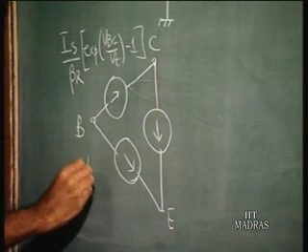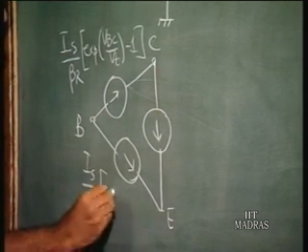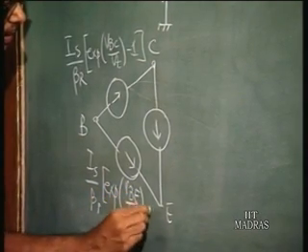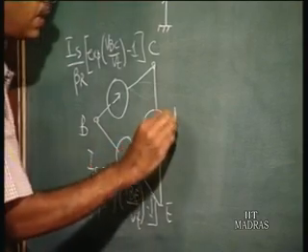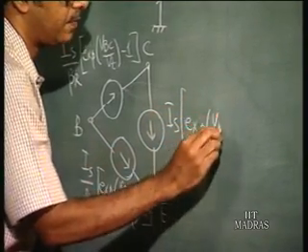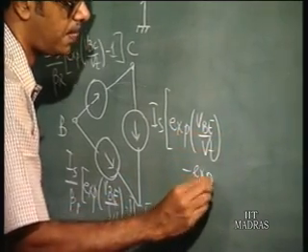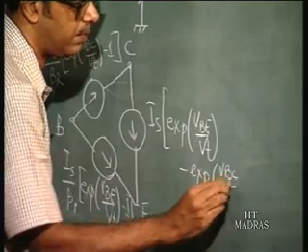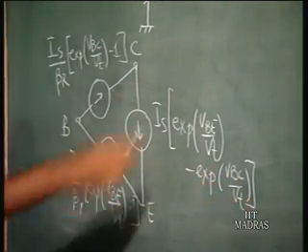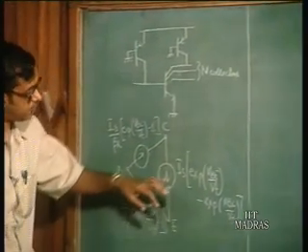This one is IS by beta F exponential VBE by VT minus 1, and this is IS times exponential VBE by VT minus exponential VBC by VT.